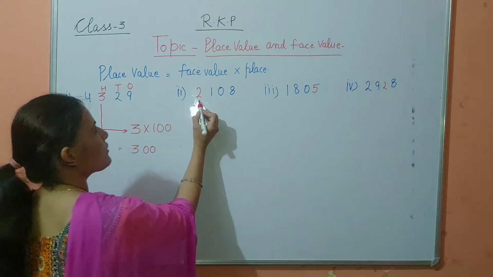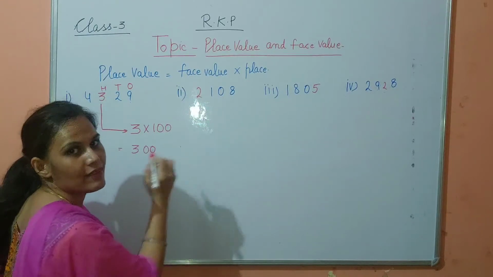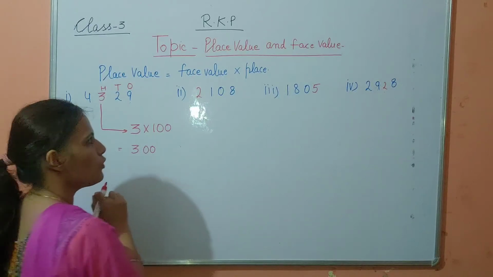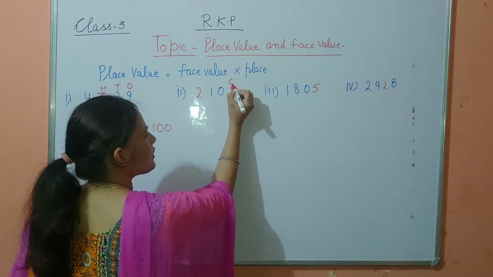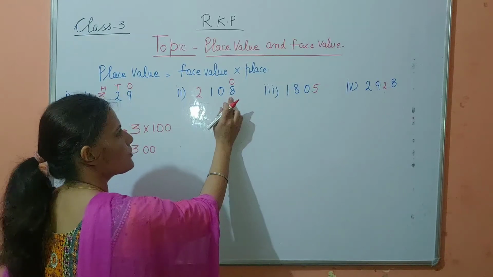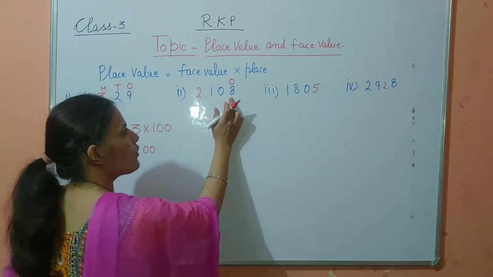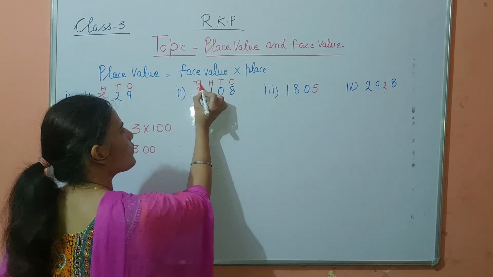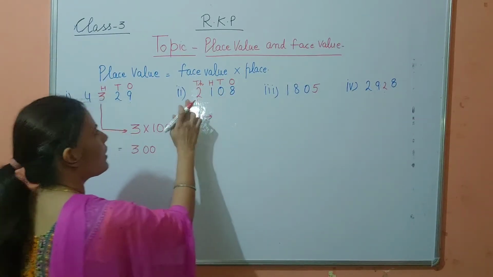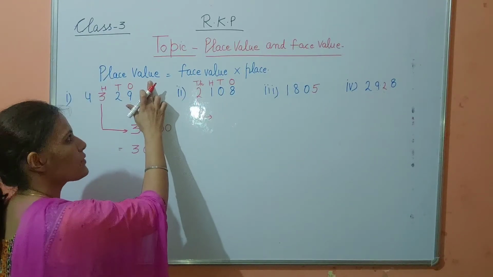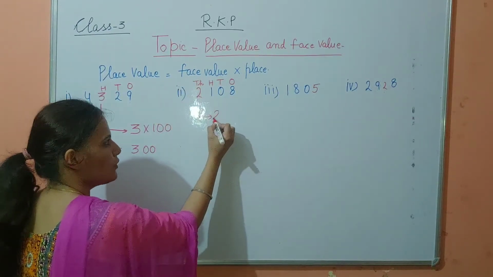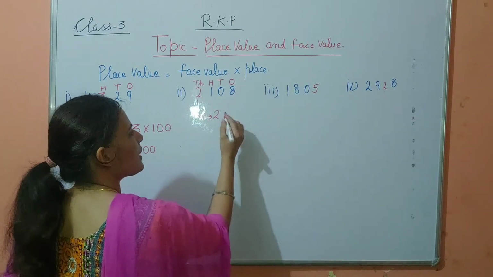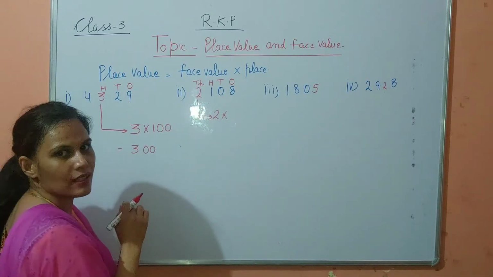Similarly, what is the place value of this digit in the given number? So first count ones. What will be its place? Ones, tens, hundreds and thousands. So according to this, what will be its place value? Just take the face value, means take the same digit, and multiply with the place. What is its place? 1000.